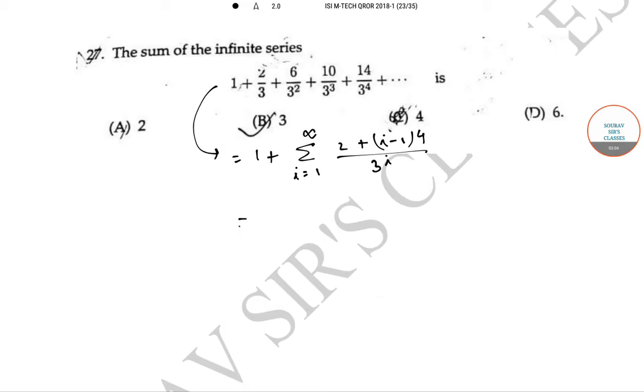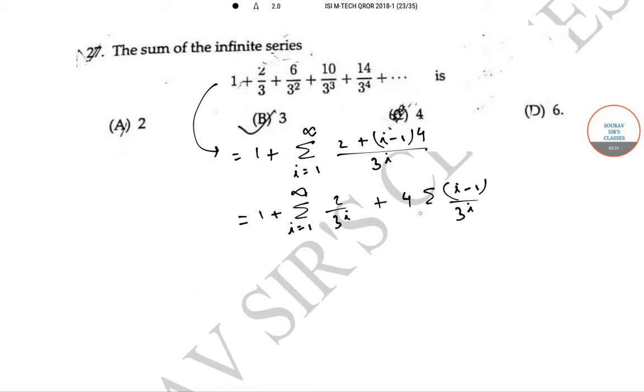So this is 1 plus summation i going from 1 to infinity 2 by 3 to the power i plus 4 summation (i minus 1) by 3 to the power i, where i ranges from 1 to infinity.